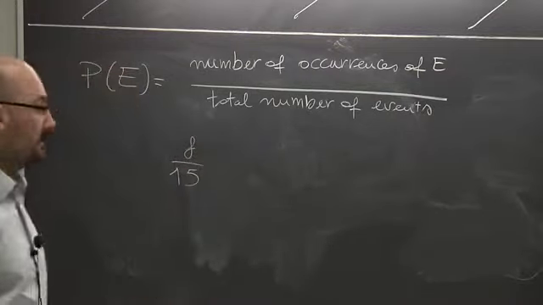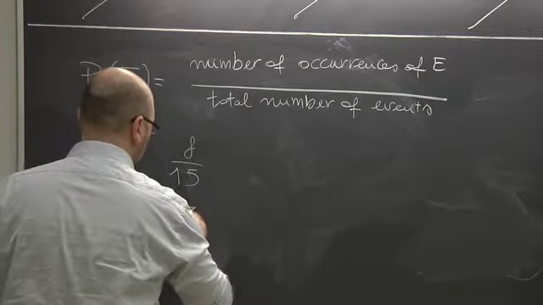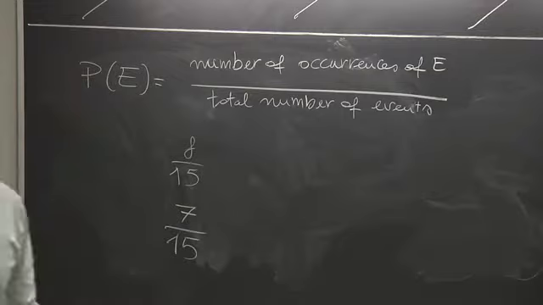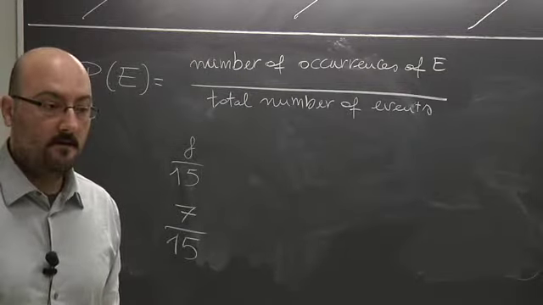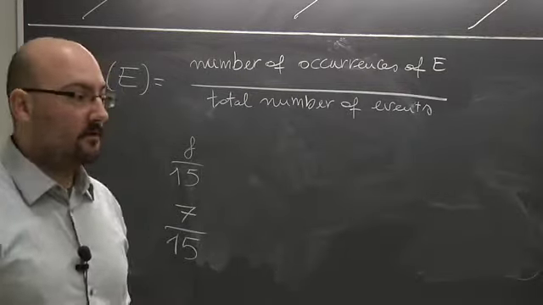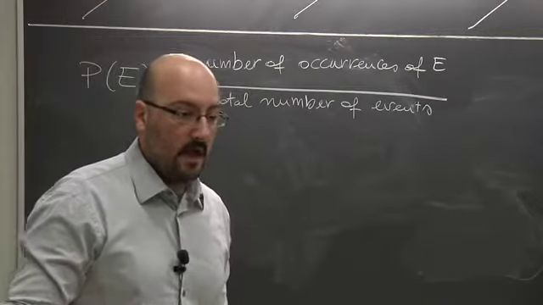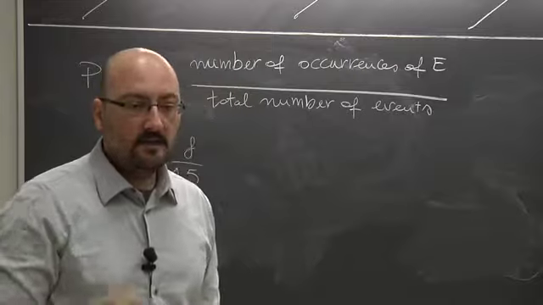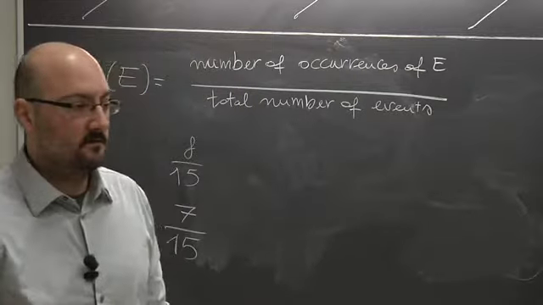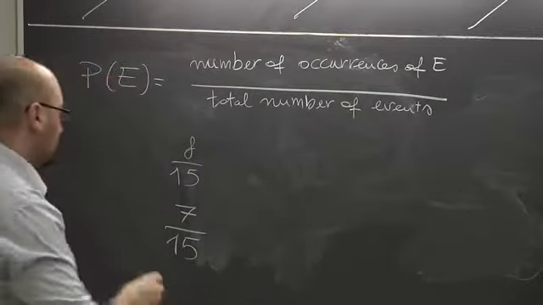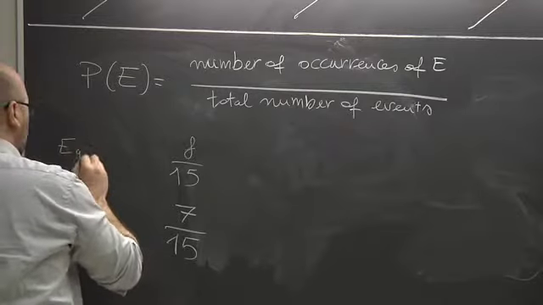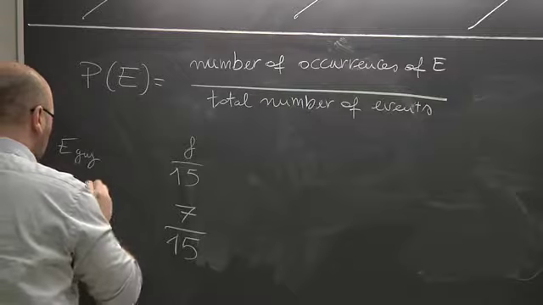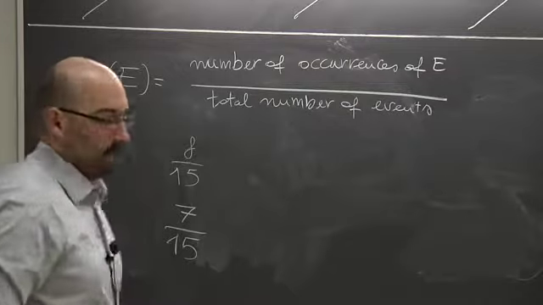The probability that somebody in this room is a girl is 7 divided by 15. Okay? In this case, I can count the total number of events, which is the number of people in the room, and I can count the number of events, which I call event guy, event girl. Okay?